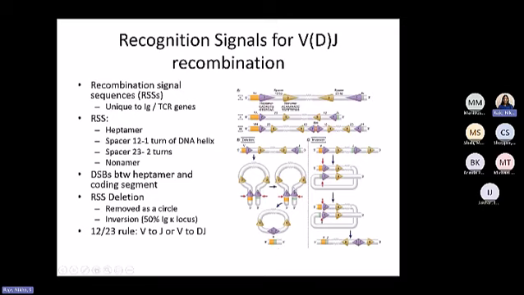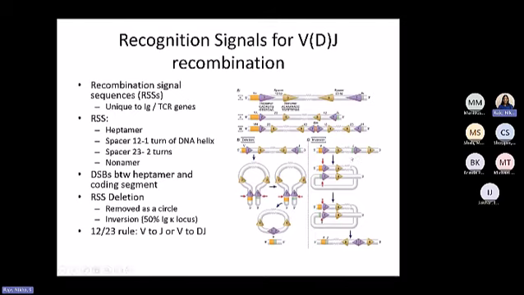The other type is where sometimes the way the DNA is rearranged, for example, between V and J segments, the nonamers and heptamers are not facing each other, they are facing in the same direction.